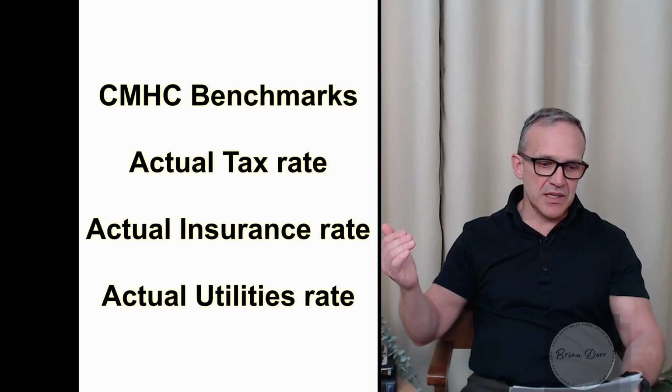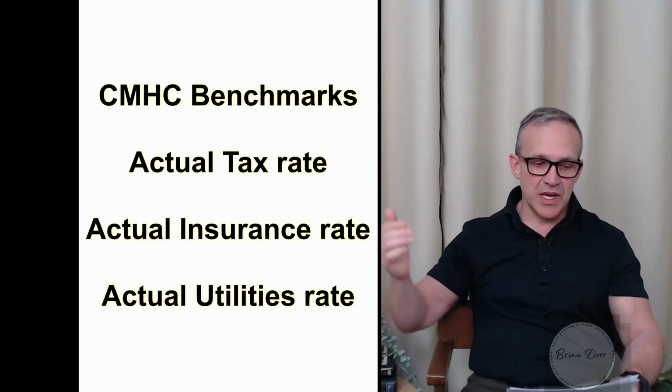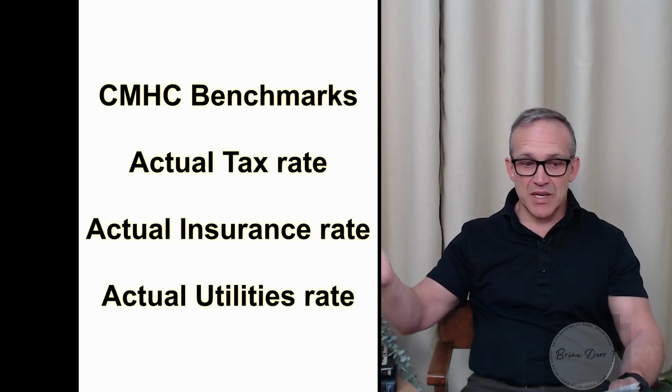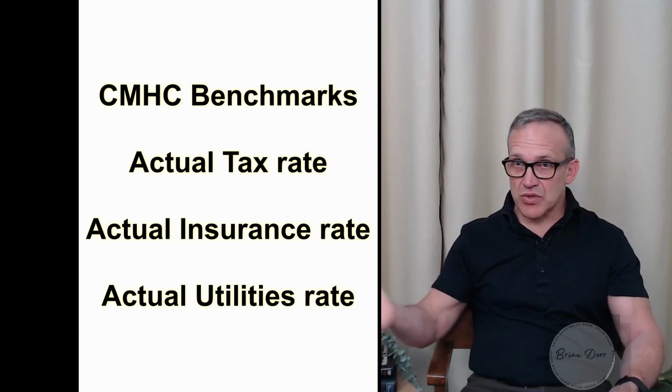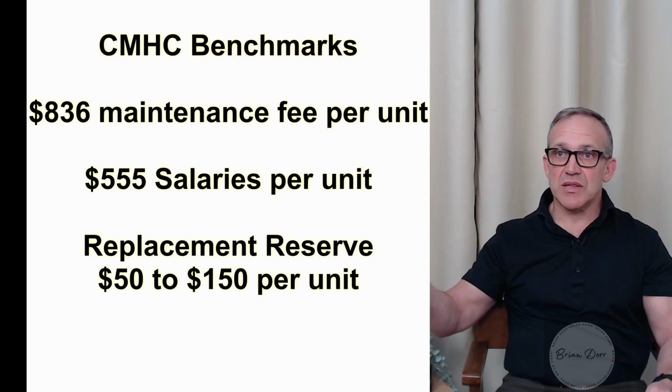So let's talk about benchmarks. When CMHC looks at something like this, they would look at the taxes, the insurance, and the utilities at the actual rate of the property. Then, depending on the build form, they would use a benchmark of $830 per unit for your maintenance.